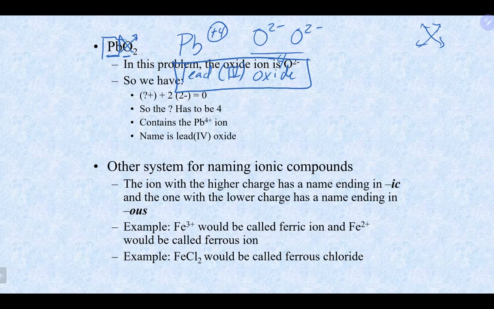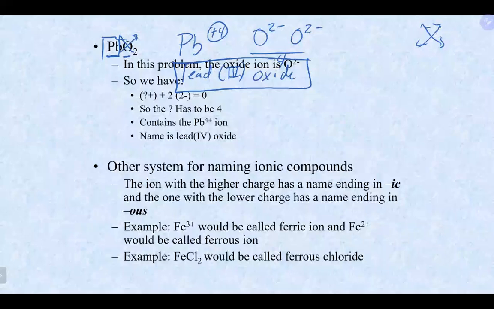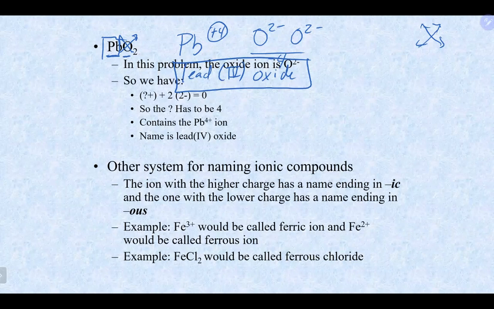And usually the one that ends in -ic has the larger positive charge. So ferric would be +3 and ferrous would be +2. Cupric and cuprous for copper pops up sometimes, and some other ones, but most of the time nowadays people will use Roman numerals, and we will use Roman numerals here.